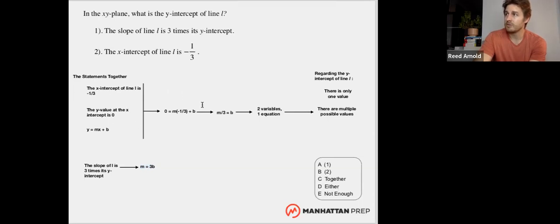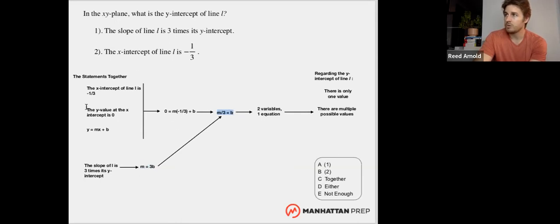Here's statement two's information still up here. Notice m equals 3b is the same equation as m over 3 equals b. Yeah, Sonia, you see it. This information is actually right here in statement two's information.